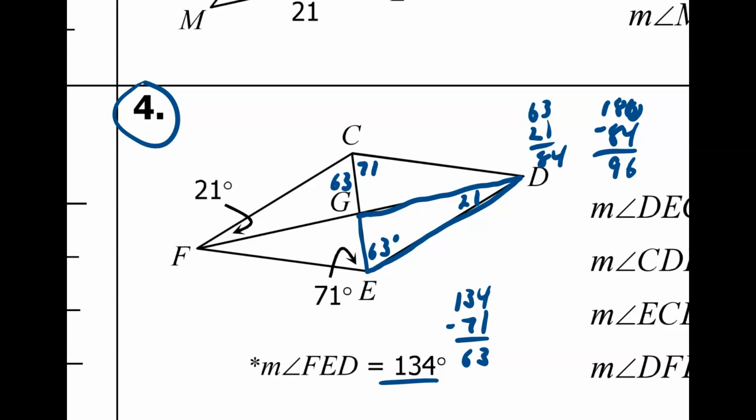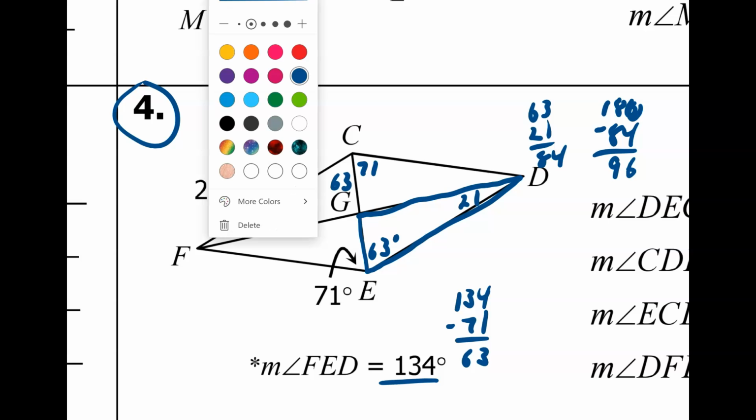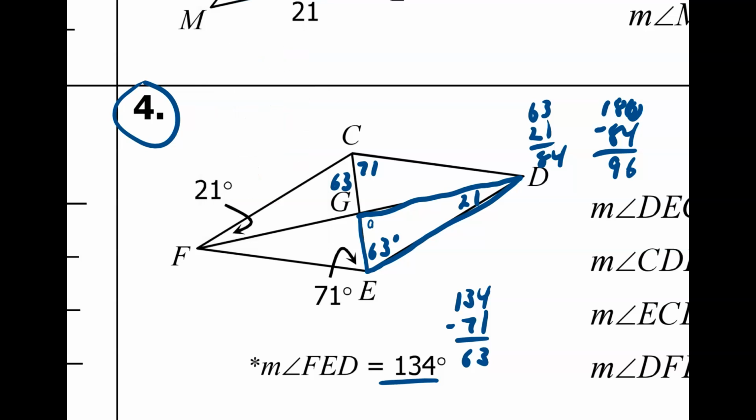So that means this angle in here is 96. And vertical angles, this is 96. And supplementary or a linear pair here makes 180 minus 96. This must be 84. Oops, I don't know why I put that one there.